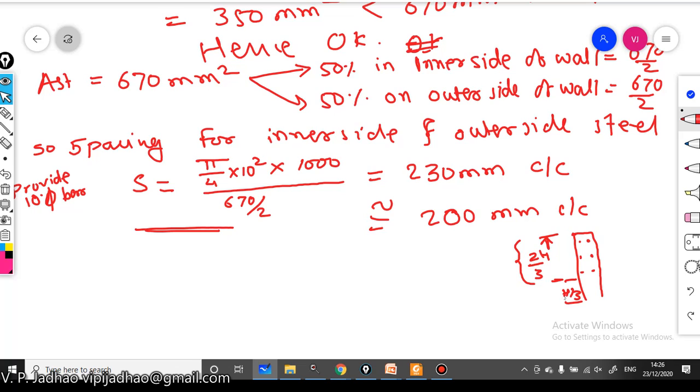Okay, and for the remaining height we will be providing the steel reinforcement which was correlated with the bending moment.